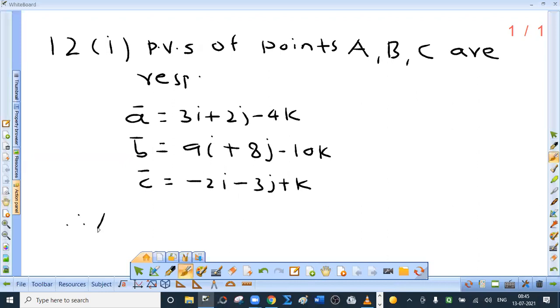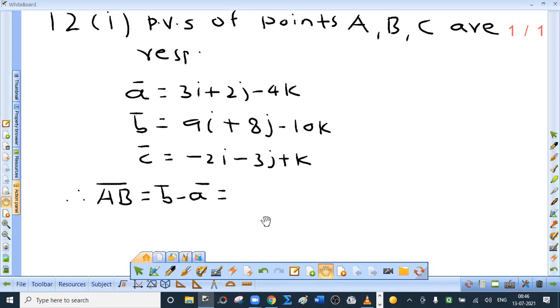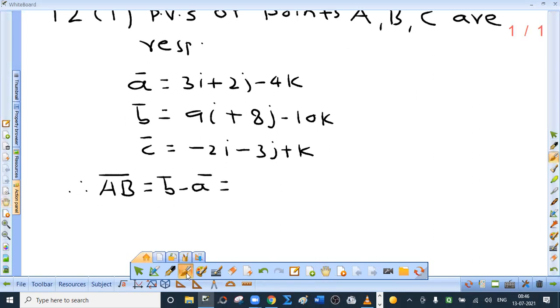We already discussed what is AB bar. AB bar is basically the position vector of B with respect to A. So it is b bar minus a bar. Substitute b bar and a bar and tell me what is AB bar. Similarly, find out BC bar, which is c bar minus b bar.